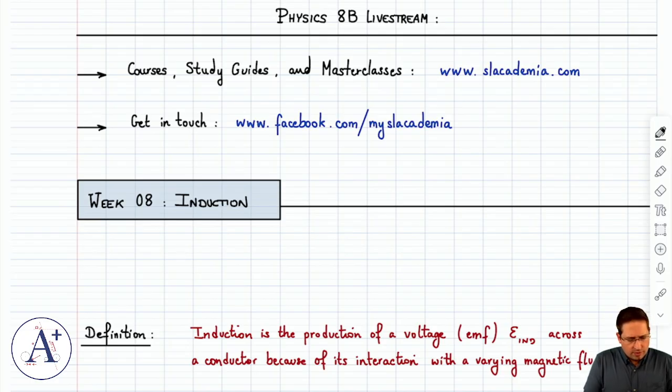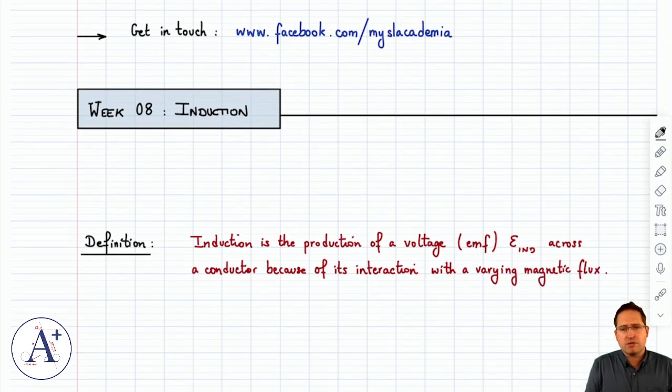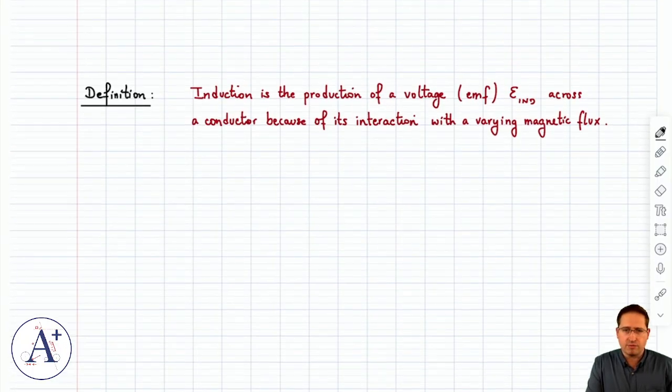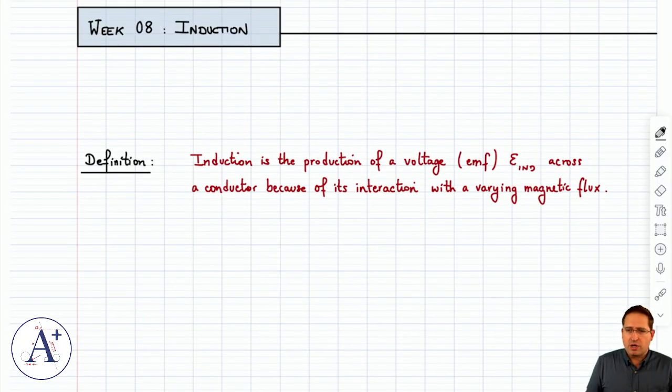So having said that, let's start talking about induction with simply a definition. Definitions are pretty nice. We should agree what we're talking about. And the definition of induction is the production of a voltage, which we call EMF or induced EMF, and we denote it by epsilon induced, across a conductor because of its interaction with a varying magnetic flux.